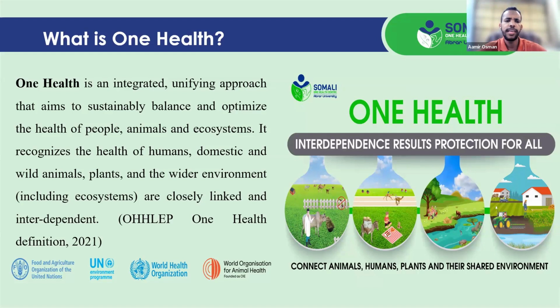When it comes to the definition of One Health, there is no universally accepted definition that all people use, but this is the most recent definition that the One Health High-Level Expert Panel proposed, and it says that it's an integrated, unifying approach that aims to sustainably balance and optimize the health of people, animals, and ecosystems.